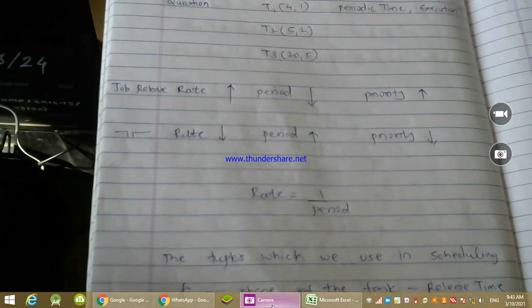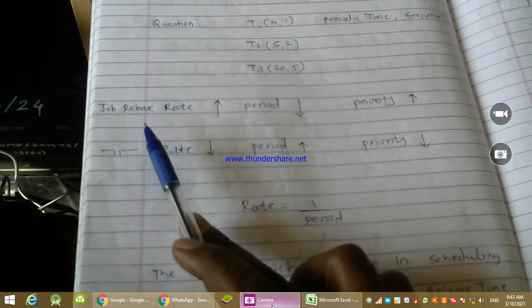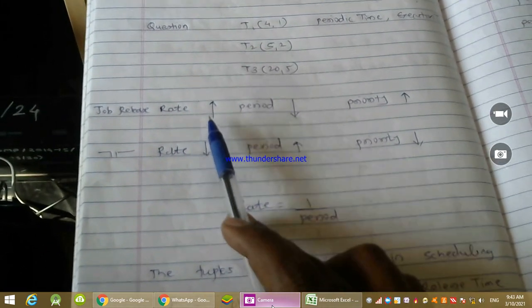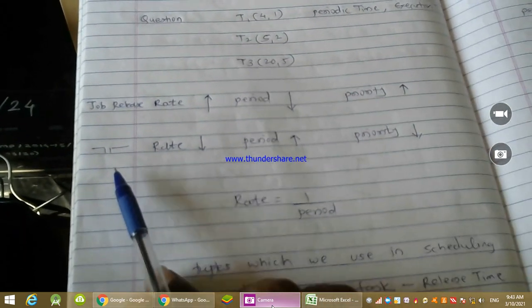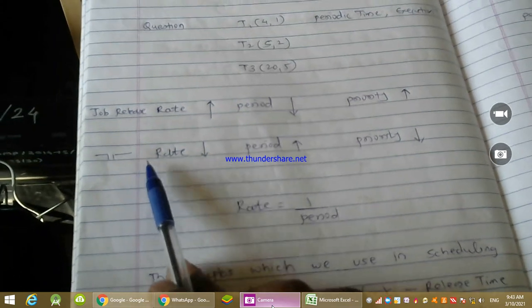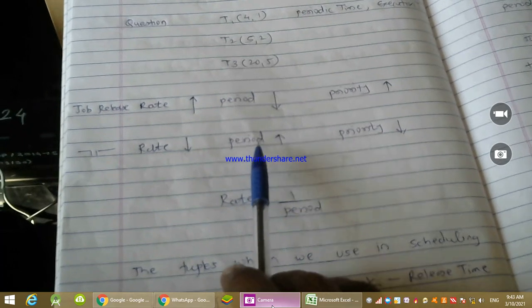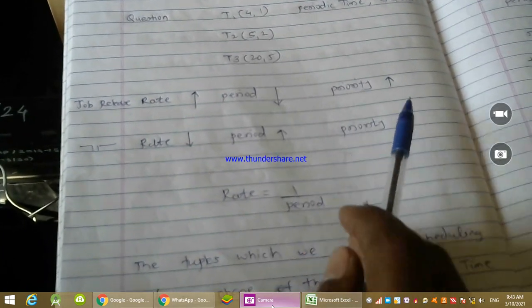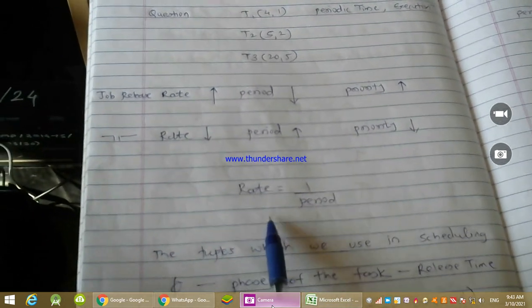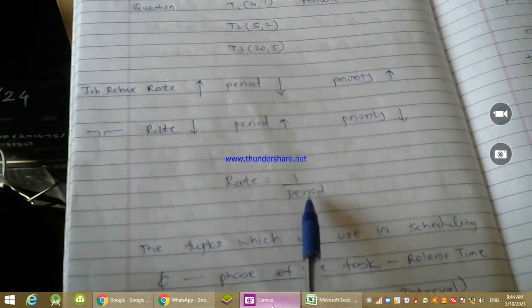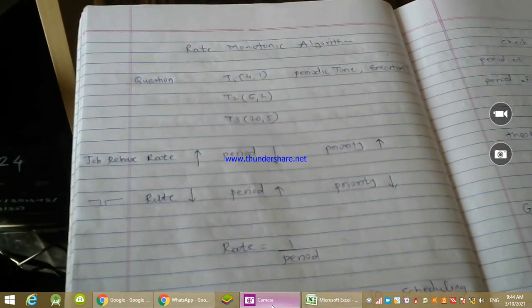In rate monotonic, if the job release rate is high and the period is low, then priority becomes high. Vice versa, if the rate is low and the period is high, then priority must be low. Rate is equal to 1 upon period. This is the formula we use to decide priority. This is all about rate monotonic.